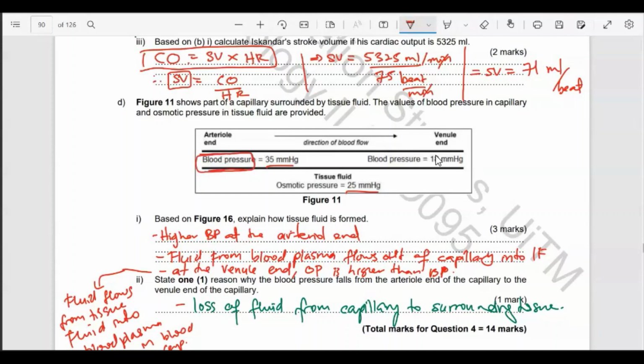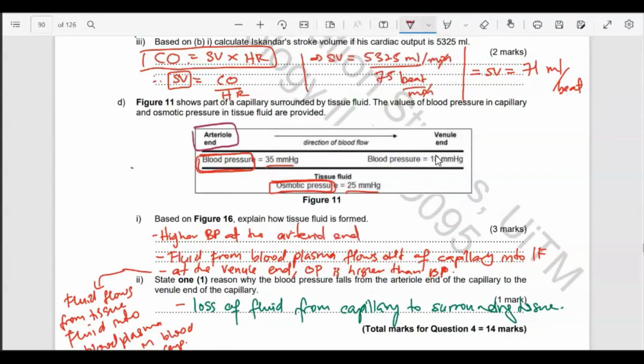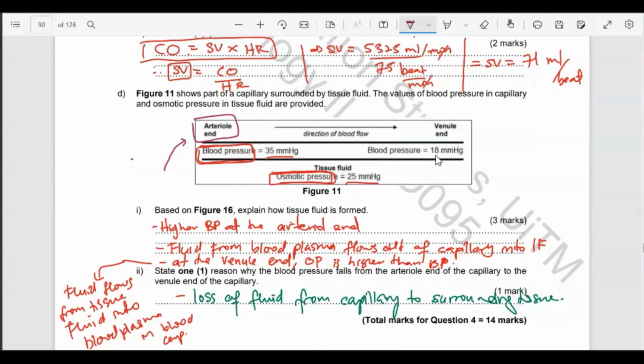The blood pressure in the blood vessels, and then the osmotic pressure in the tissue fluid. You also have to take note that there are two ends. Atrial end, so darah yang baru masuk, dia akan masuk melalui atrial end of the blood capillaries.